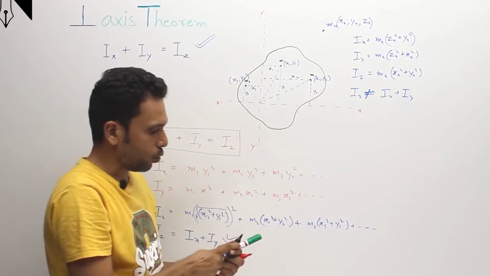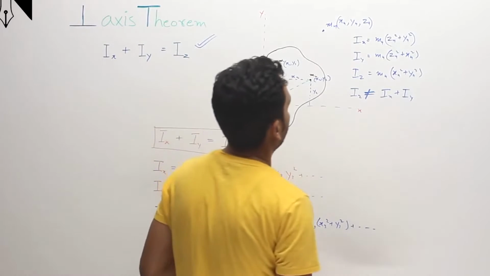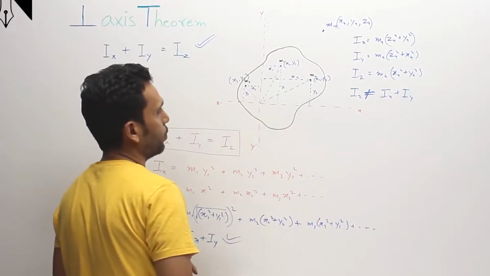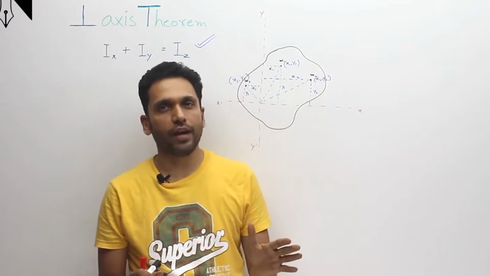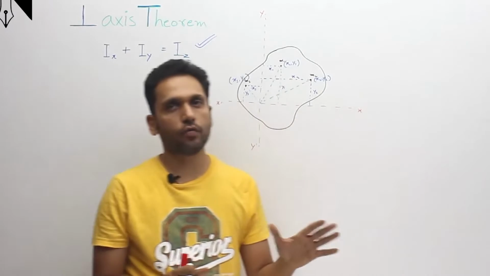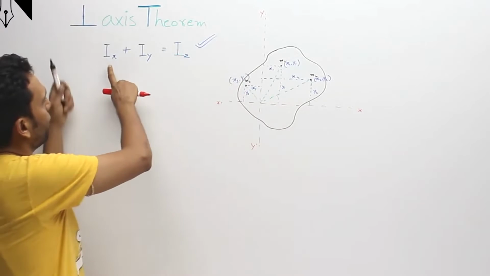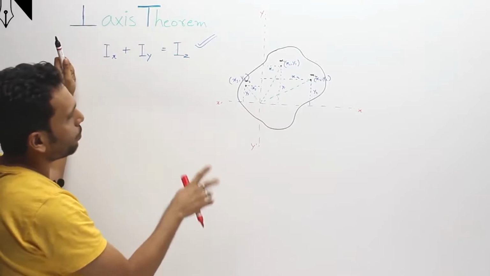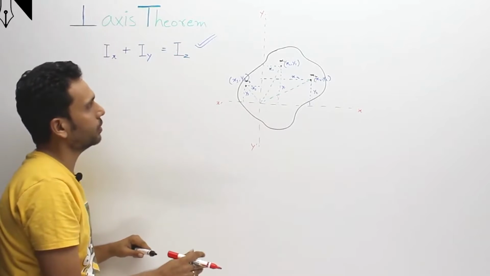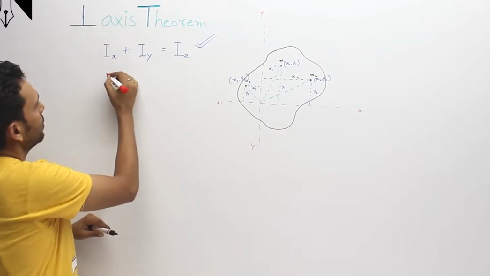So that is one of the important criteria of the perpendicular axis theorem, that it has to be in the same plane. So I hope it is clear that the perpendicular axis theorem is only for a flat body, a laminar body. It is not for bodies which are having depth. And the two perpendicular axes which you are adding should be in the plane of the body. These two should be contained in the plane of the body.